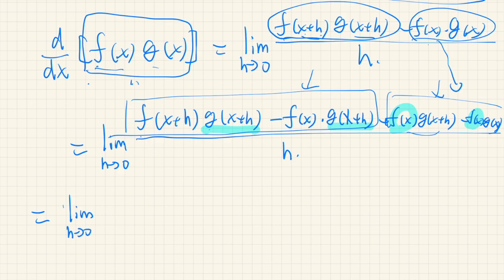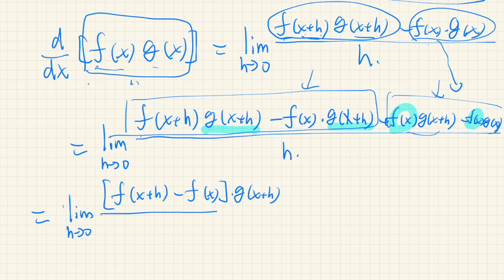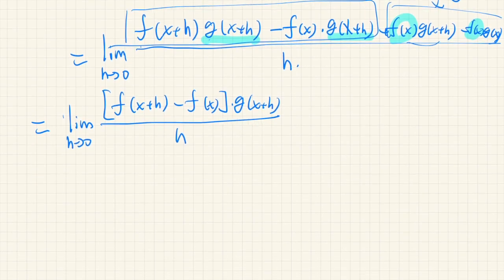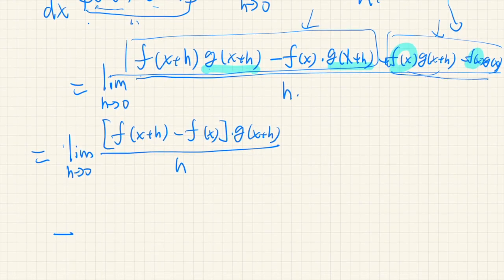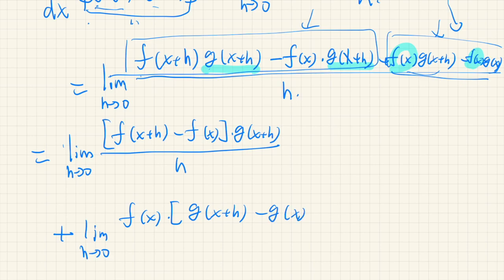So this is the limit of f of x plus h minus f of x, times g of x plus h, divided by h, and plus, it's not minus, it's plus, the limit as h goes to 0 of f of x times g of x plus h minus g of x, divided by h.